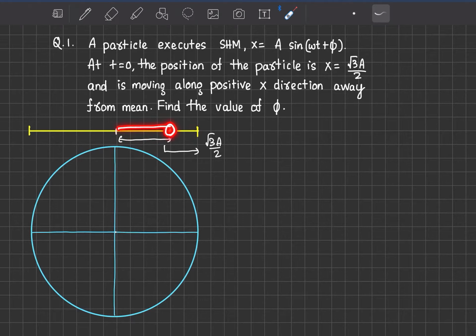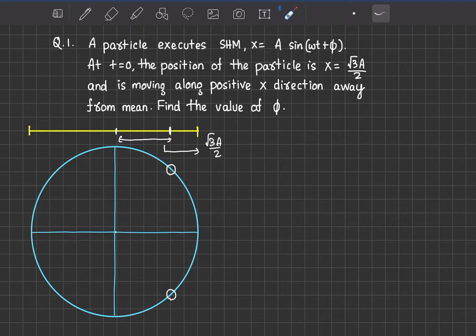That means the point P, which is moving in the circle, must be below it. So it might be here on the circle, or it might be here. So we have two possible positions, right?